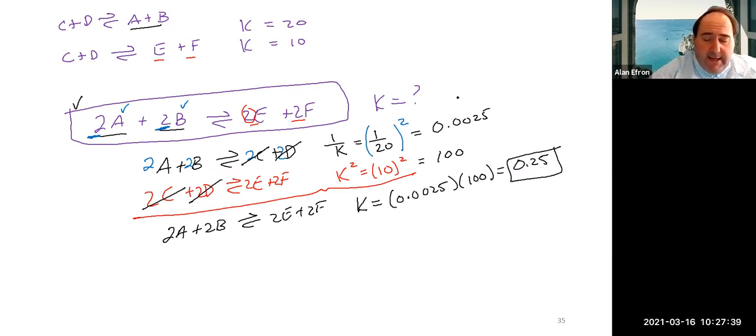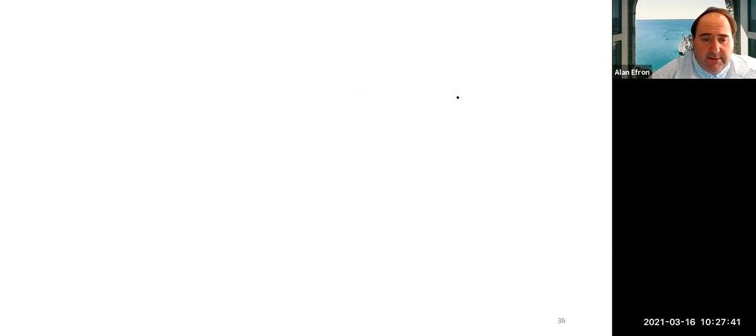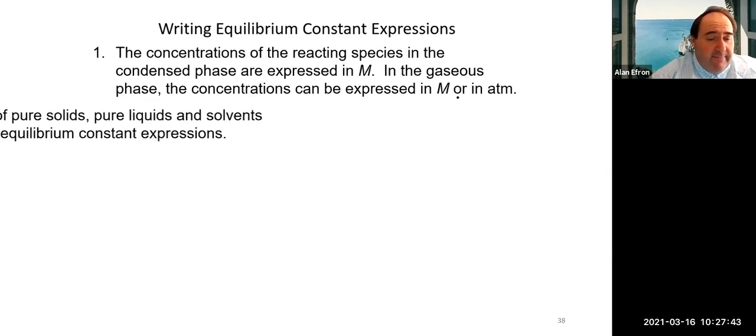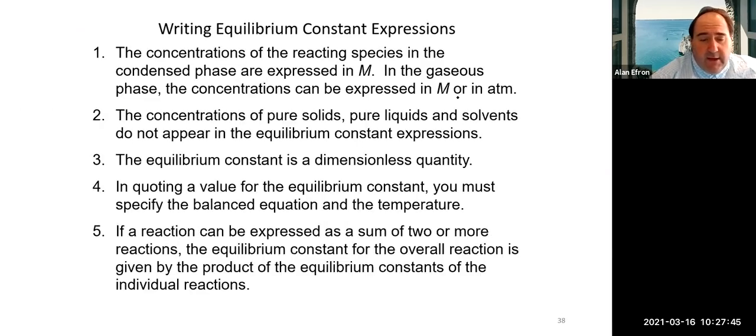Okay, then we'll continue on. This is a lot of the stuff that we talked about. Just to reiterate, when we're talking about concentrations, usually we're talking about molarity with our equilibrium. As I mentioned before, if you're doing something with pressures, it's really atmospheres that it should be.